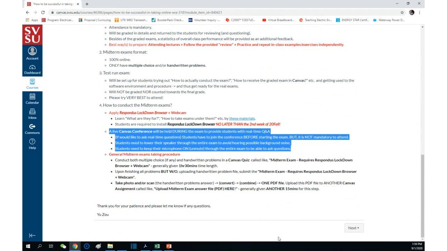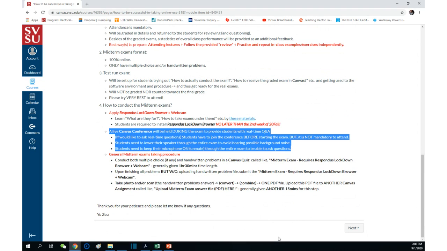You want to join the conference before starting the exam, because if you start the exam, you won't be able to join any conference. Lockdown browser won't allow you to do anything else. Remember this. It won't allow you to unmute your microphone, adjust your volume, print, or join a conference, nothing. You can only do the exam under that lockdown browser.